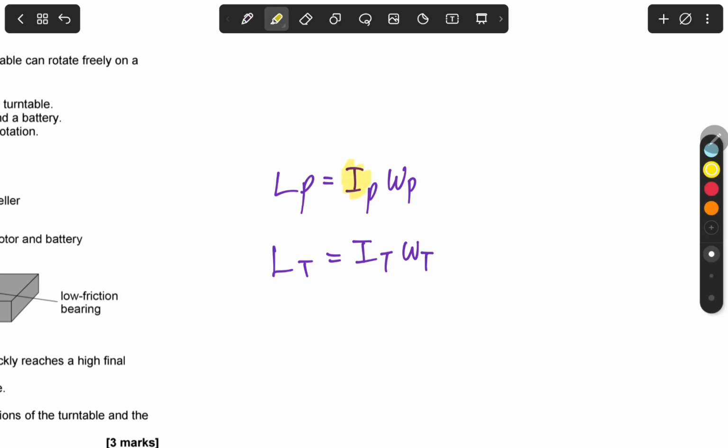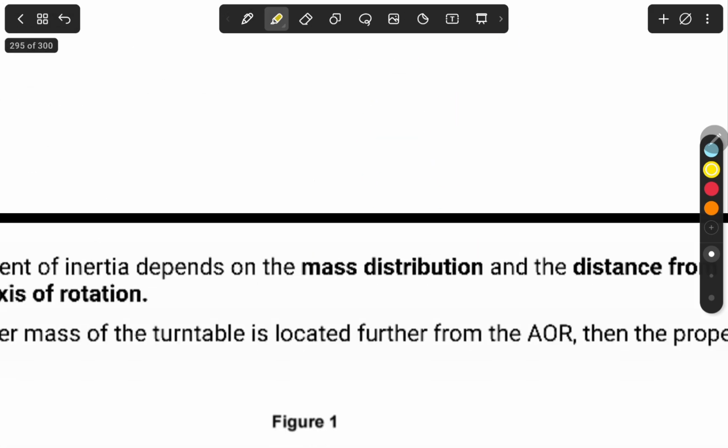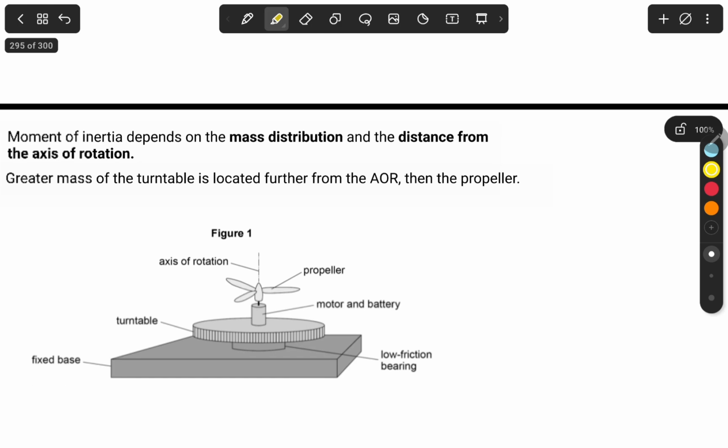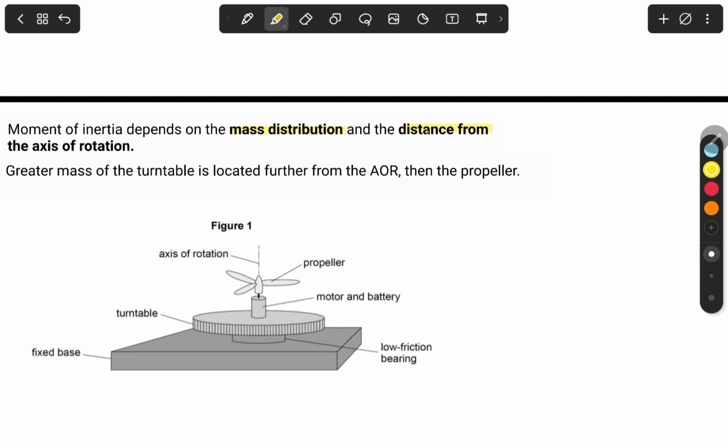So let's talk about the moment of inertia first. Now, the moment of inertia depends on the mass distribution and the distance from the axis of rotation. A greater mass of the turntable is located further from the axis of rotation than the propeller.